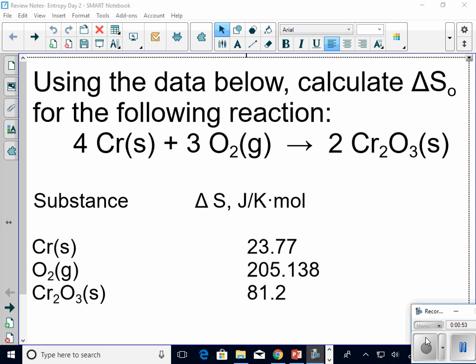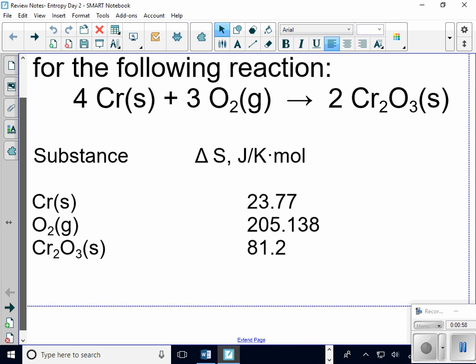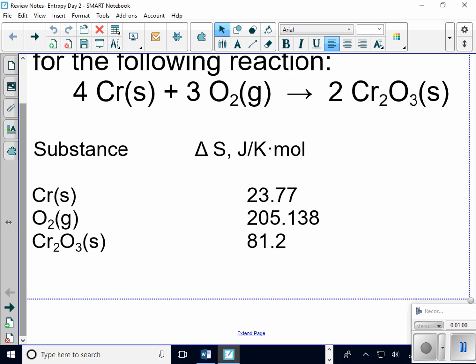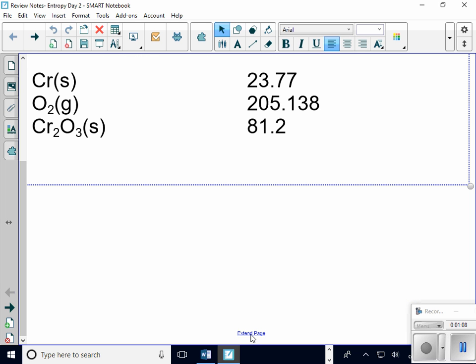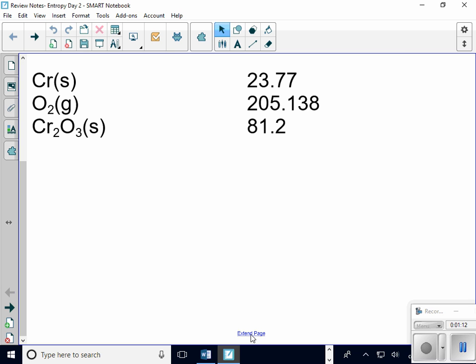Now, as I'm counting my change in entropy, I need to remember the following. And folks, this is one of the biggest problems that I have seen in entrance slips this year.